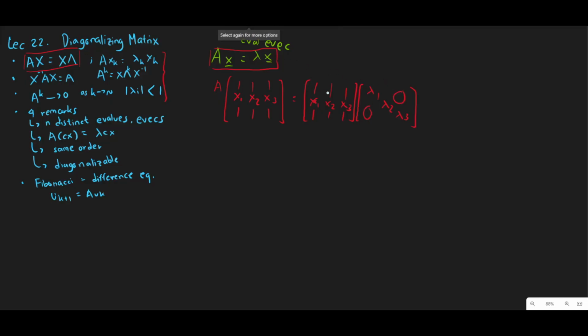This is just like multiplying each column by some coefficient, and that coefficient happens to be the eigenvalue. So we have this multiplied by this, and that exactly matches what we have here. A times this is the blue one, and if we multiply this and this, we get the green one, and the rest follows as well.